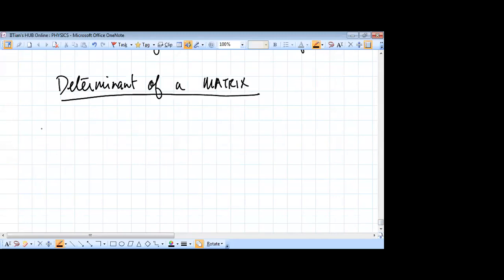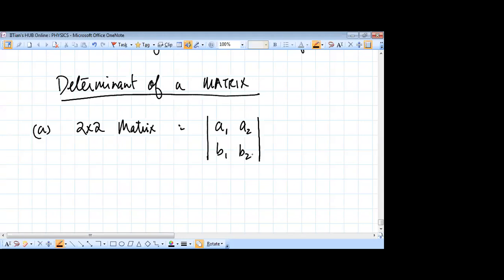Let's understand this a little bit. First, let's see a 2 by 2 matrix. So that is given by an array of 2 columns and 2 rows. So let's say A1, A2, B1, B2. This is a 2 by 2 matrix.